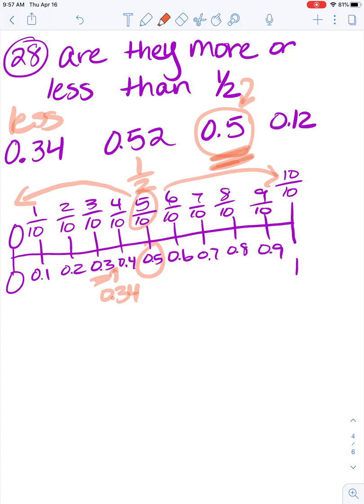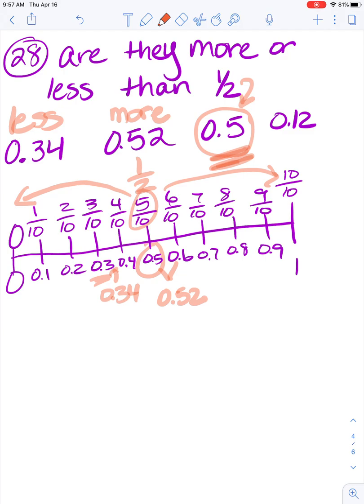I see 0 and 52 hundredths. Well, that's going to fall between 5/10 and 6/10. So 0 and 52 hundredths is just a little bit more than a half.